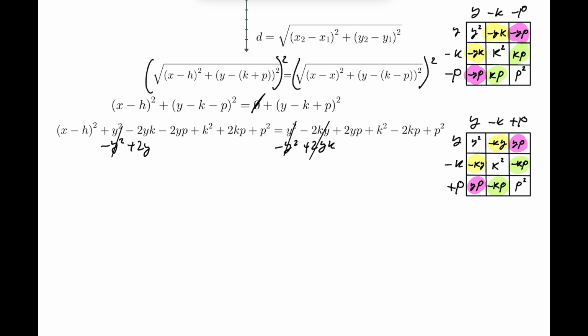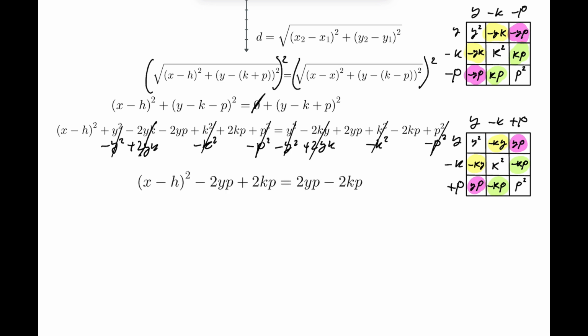Add 2yk here, and these cancel out. Same thing is true for k squared. And the same thing for p squared. So now let's take a moment and rewrite our expression without those values.